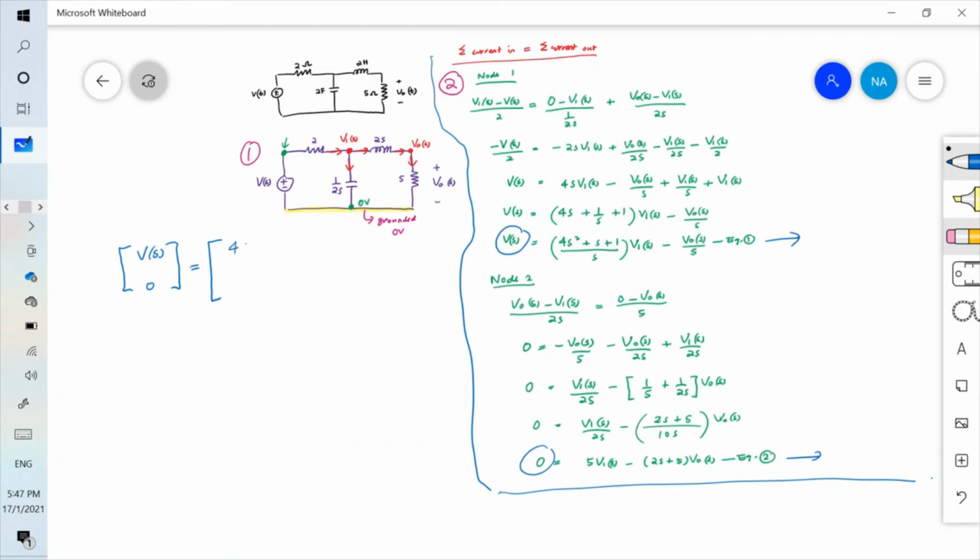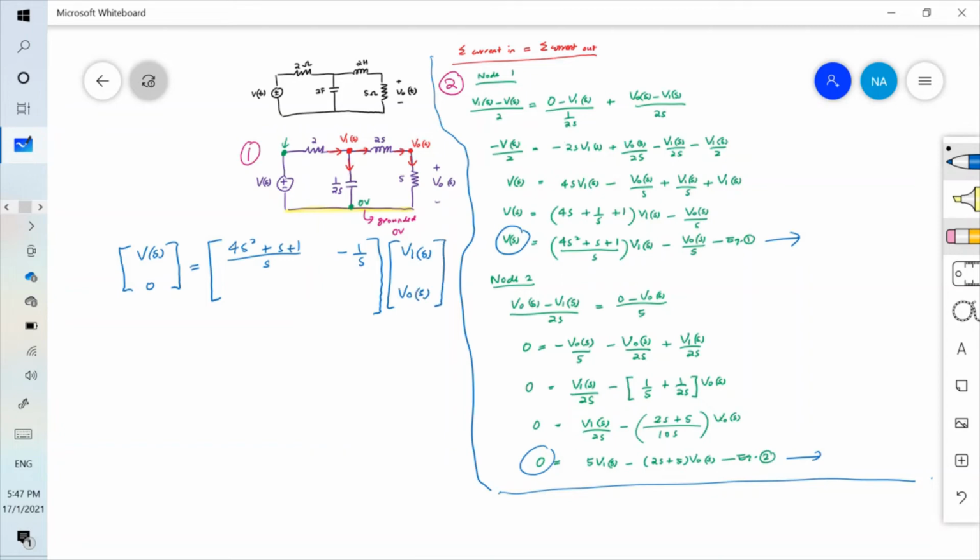So it is 4s squared plus s plus 1 divided by s, minus V naught s over s, minus 1 over s. Okay, this is multiplied by V1s, V naught s.